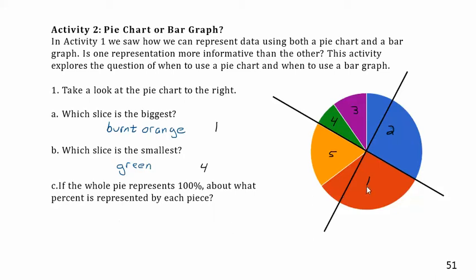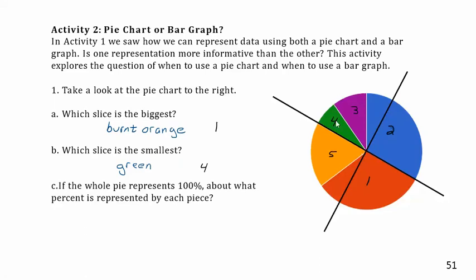So whatever percents you put for 1 and 2, you have some leeway there, but they need to be bigger than 25% and less than 50%, right? Somewhere around 30, 35 would be good guesses for 1 and 2. Similarly, we can see slice 5 here is less than 25%, right? And 3 and 4, those are definitely less than 25%.